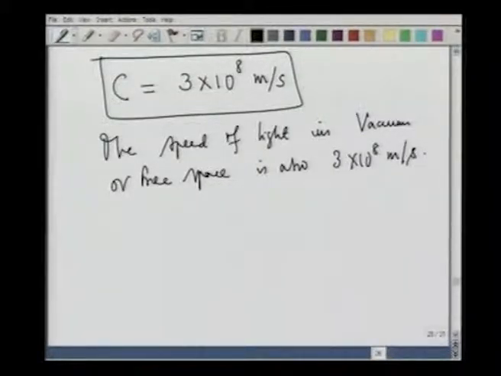So what Maxwell asked himself was whether this is a coincidence or whether there is a deep relation between light and electromagnetic phenomena. Please remember, if you go back and look at your lens formula, prism formula, reflection, refraction, etc., all that you do is make use of the idea that there is a certain wave.